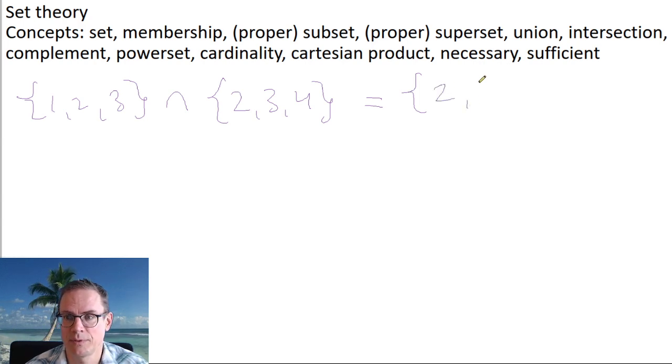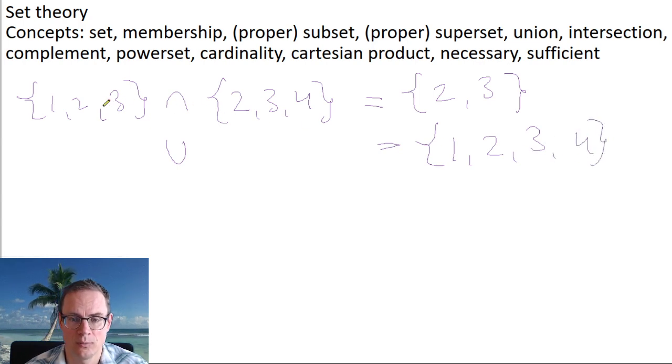So we have number 2 and number 3. If I were to take the union of these two sets, then I would get the set containing all the elements that are in either. That would be 1, 2, 3, and 4, because those numbers are either in the one, or in the other, or in both.